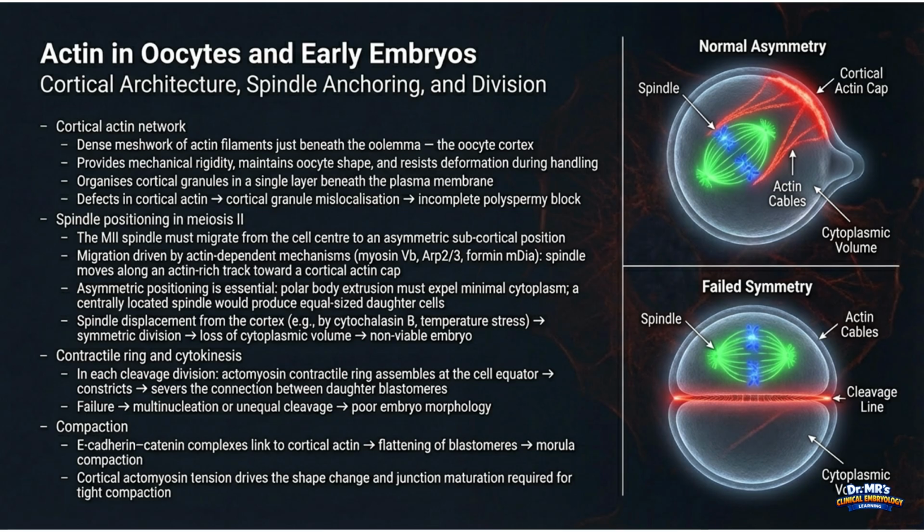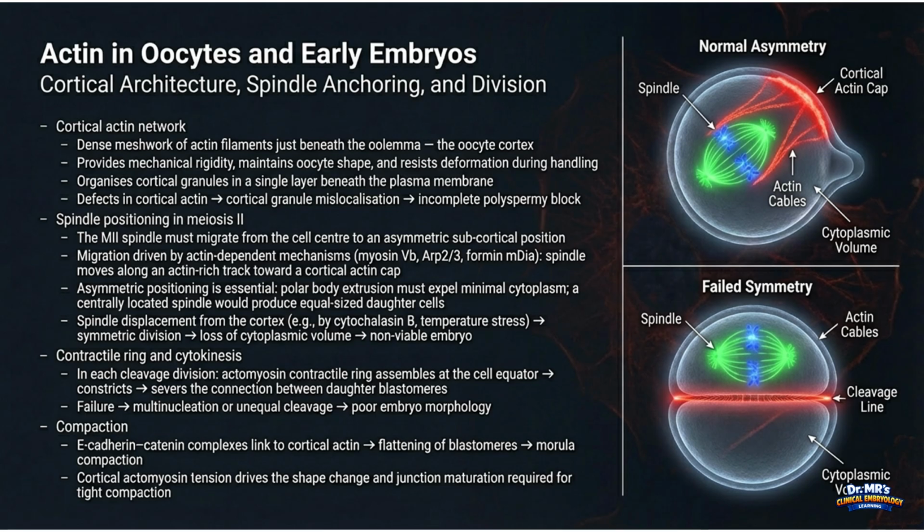If your actin meshwork is damaged from excessive mechanical stress or suboptimal pH in the media, those granules drift away from the membrane. And if they drift away, they don't fuse. The zona doesn't harden in time, and your risk of a 3PN fertilization from polyspermy skyrockets. It is a perfect example of how structural integrity directly dictates fertilization outcomes.